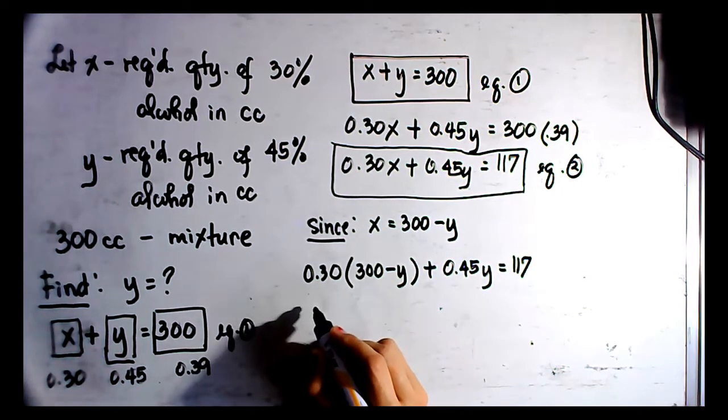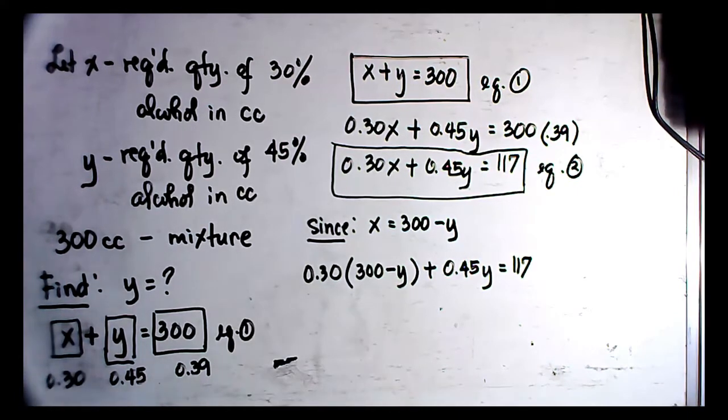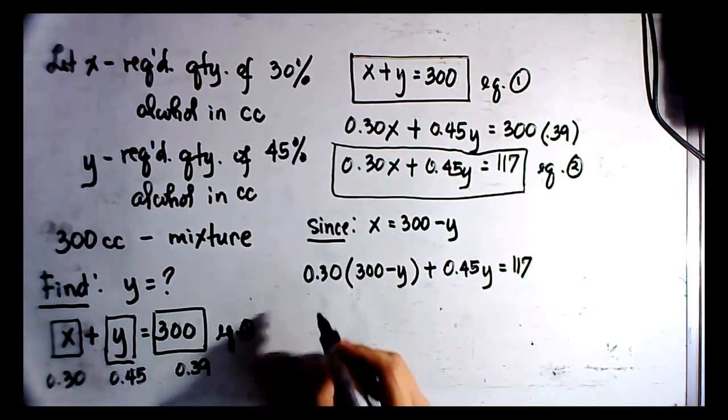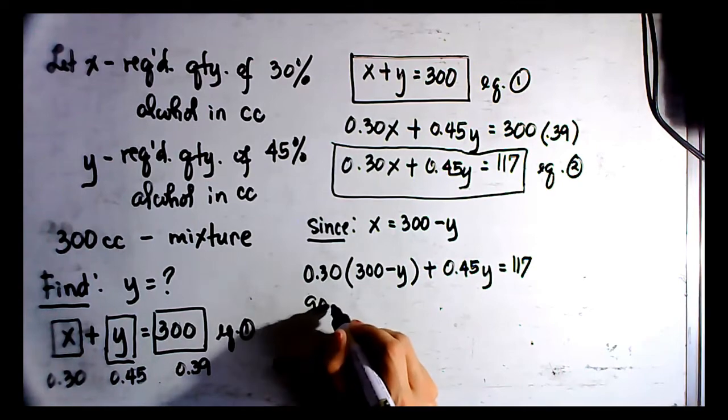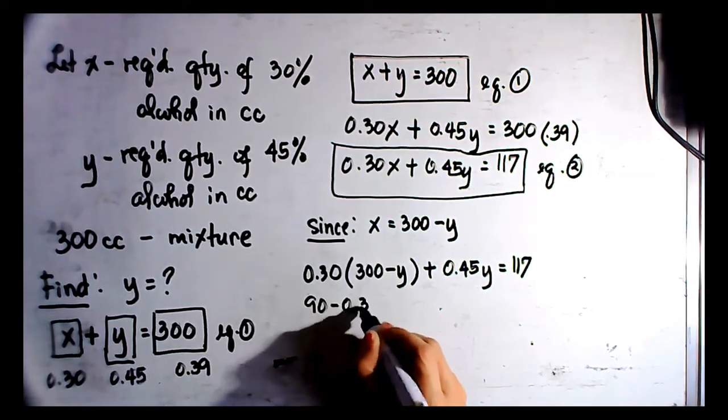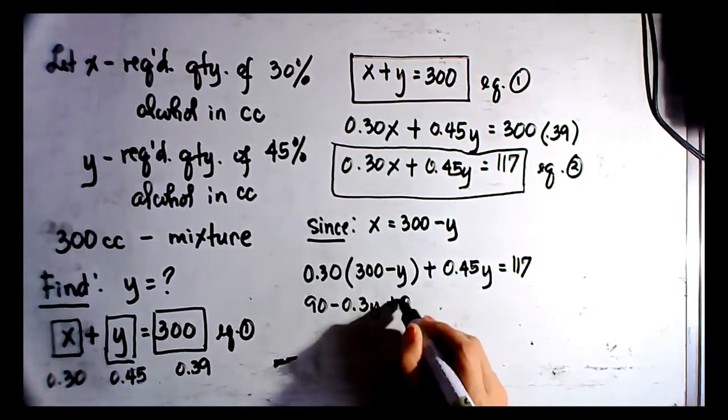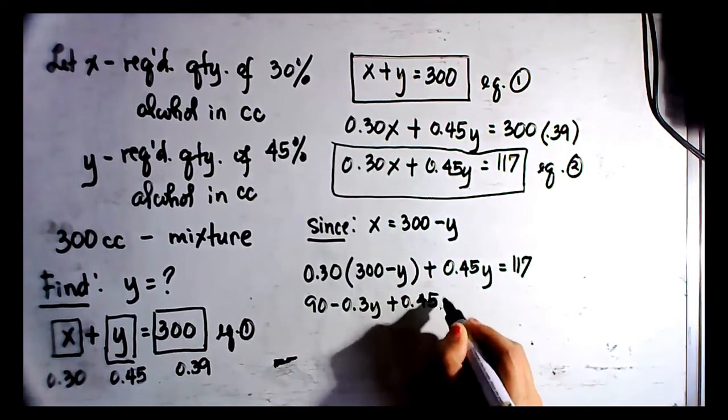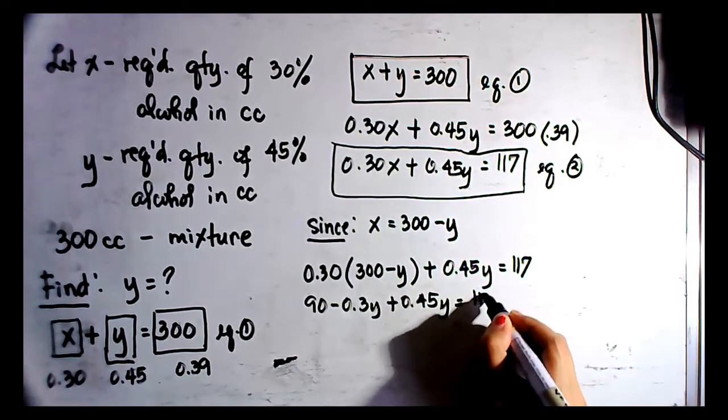0.3 times 300 is about what? 90 minus 0.3y plus 0.45y is equal to 117.